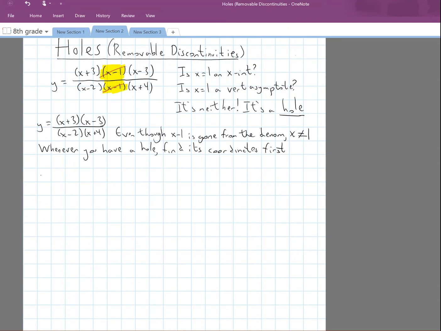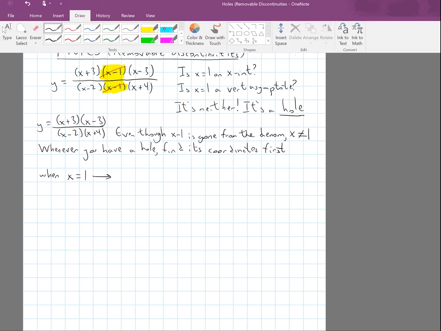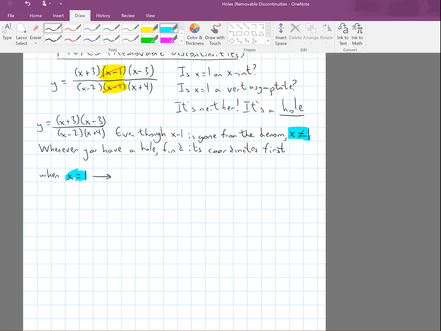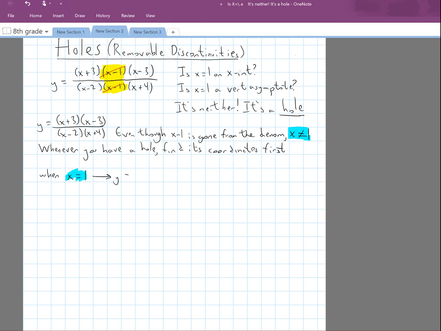So when x equals 1, right, which is what we get from this, y equals, and now we're using the function with it already crossed out. I plugged in x everywhere.